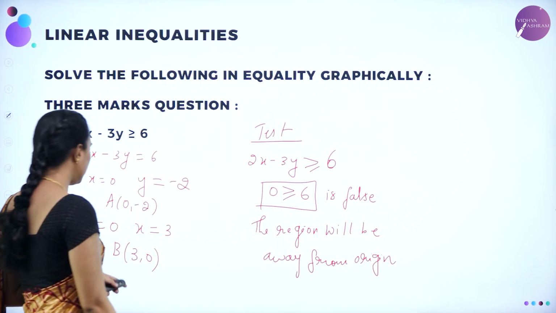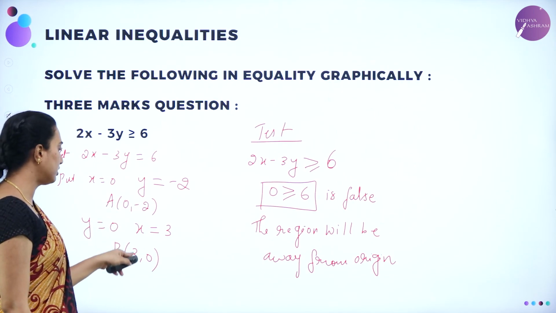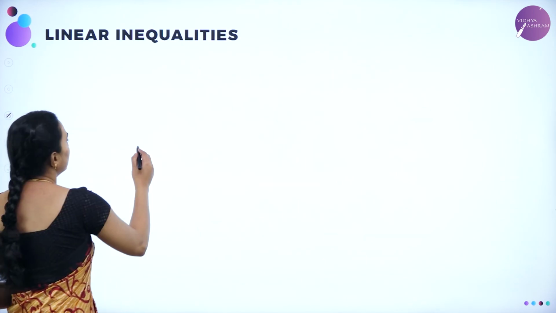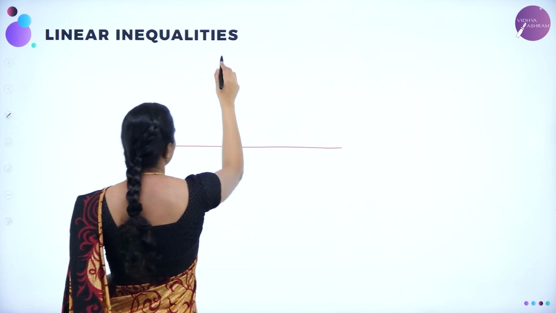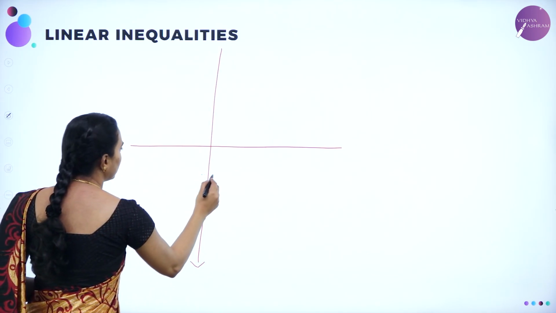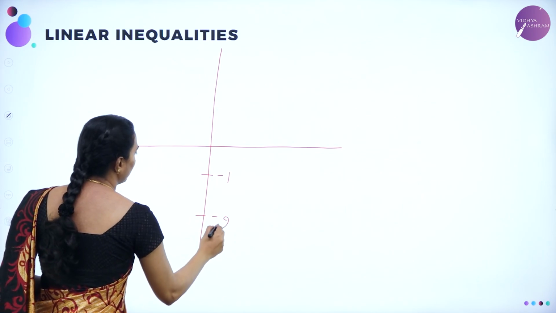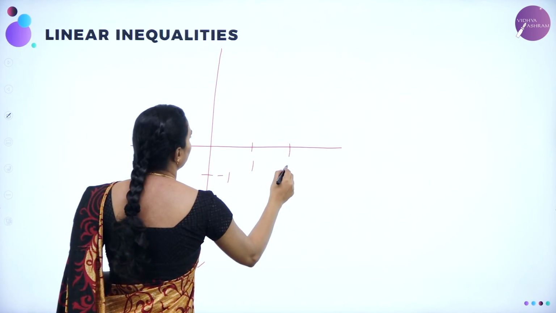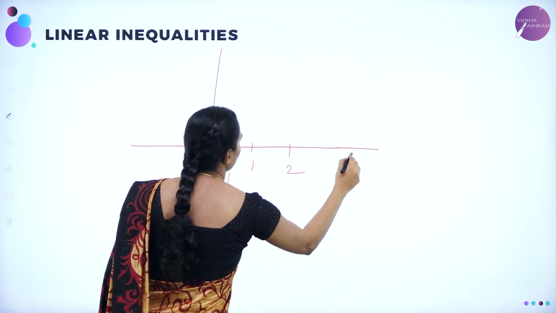Let me draw the line. See, the y-axis will go up to -2, the x-axis will go up to 3. So this is the x-axis, this is the y-axis, and on the y-axis this is -1, this is -2, and on the x-axis 1, 2 and then 3.